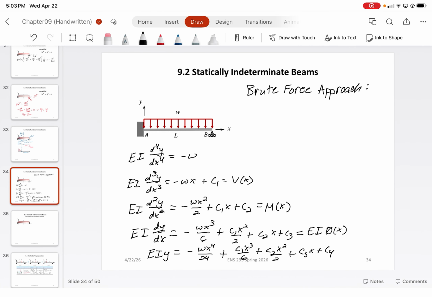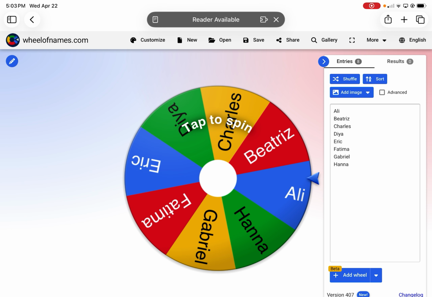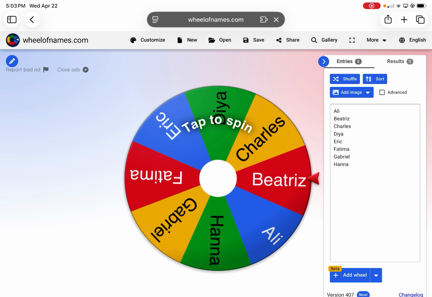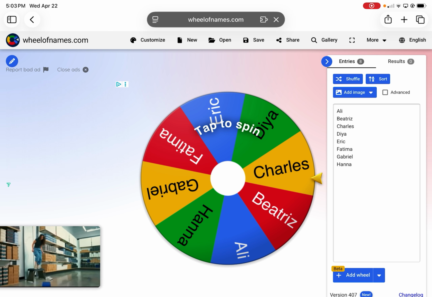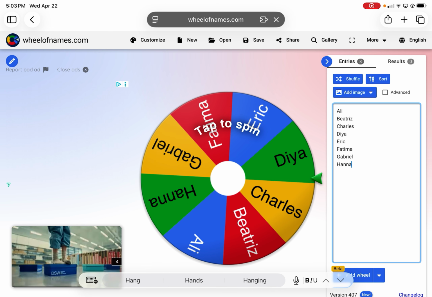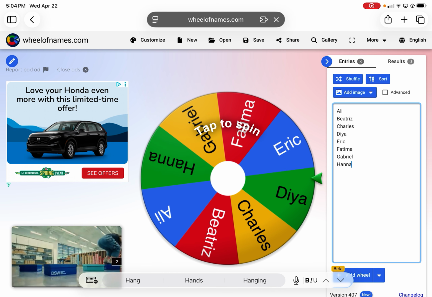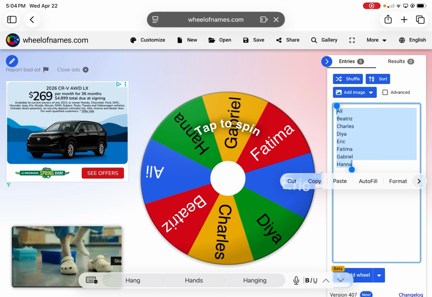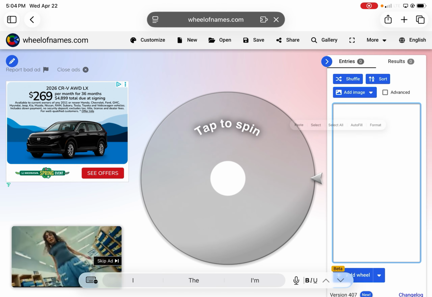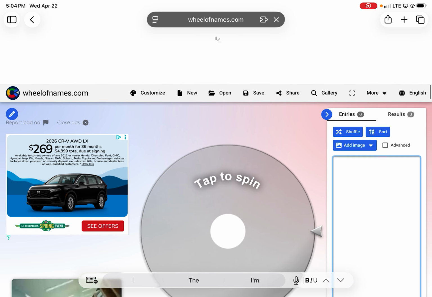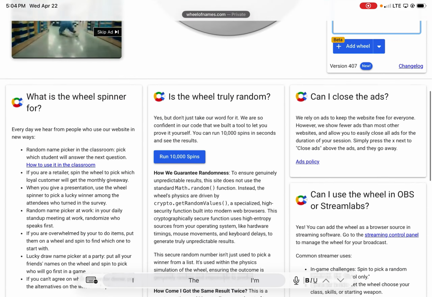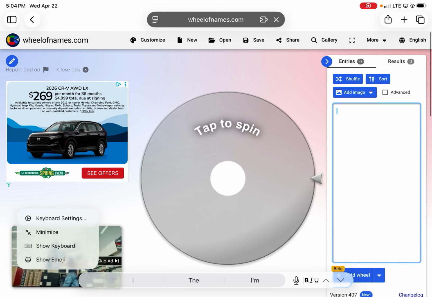Do the wheel? Yes. All right, let's see. Wait, what was the question? I did miss that. What are the boundary conditions? And I need to re-input the names. All right, I'm doing the wheel. Select all, cut, and then why can't I type? Come on. There we go.